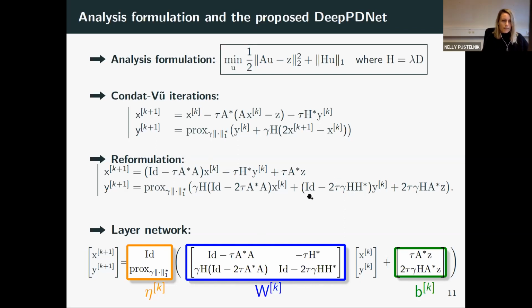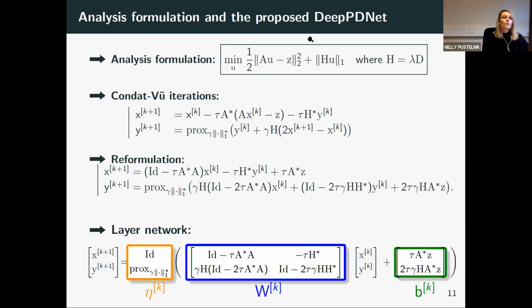Then you have the bias due to this term and this term. And then you have the activation function, which is split in two terms. One, an identity term, because here you do not have a proximal step. And here you have the proximal step associated with the conjugate of the L1 norm.